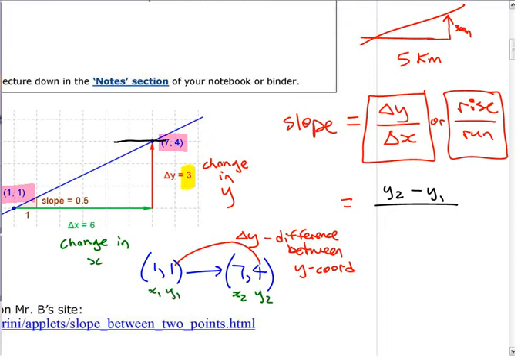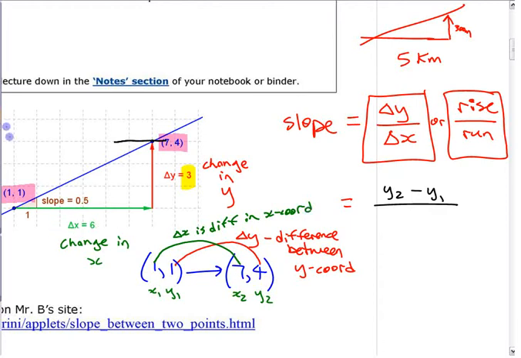And then if you want the change in x, how can I find the change in x? x2 minus x1, right? Delta x is the difference in the x coordinates. If you subtract them, right? 7 minus 1 gives you the 6, right?